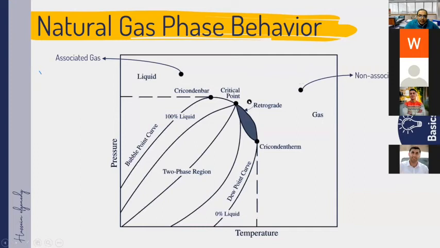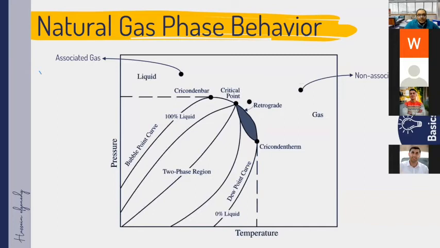When the reservoir is at this point and we start to decrease the pressure at isothermal condition, isothermal condition means the temperature is constant. Let's make an imaginary line here, the temperature is constant at this point, and start decreasing the pressure, going like this. The liquid will start to appear.